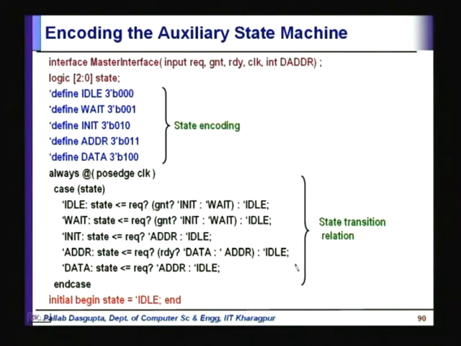How is this checked during simulation? During simulation, this state machine is simulated like any other state machine in your circuit, right. So during simulation, the state is updated continuously. In every cycle, this state machine reads the values of request, grant, etc., and computes the value of the state which is saved here, right.